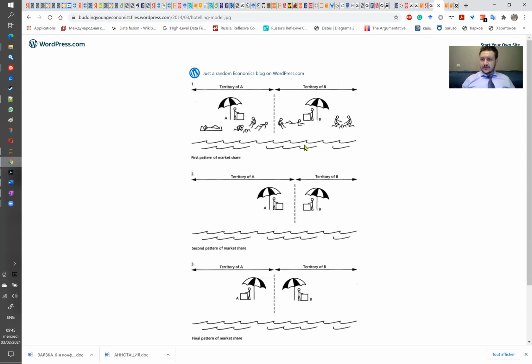We can consider another situation with two sellers, but seller A moved a bit to the right, and now he has more customers and more profit. So it's better for A to go as close to B as he wants.